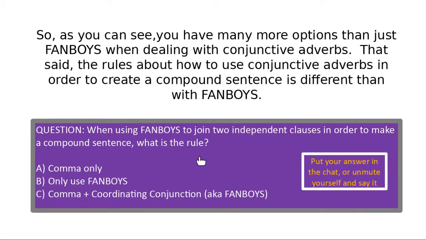I want you to contemplate this. Do you just use a comma? Do you only use the fanboy? Or do you use the comma plus the coordinating conjunction in fanboy? So think that over, and then I'd like to hear from you. Can you tell me either in the chat or someone raise their hand and unmute themselves?